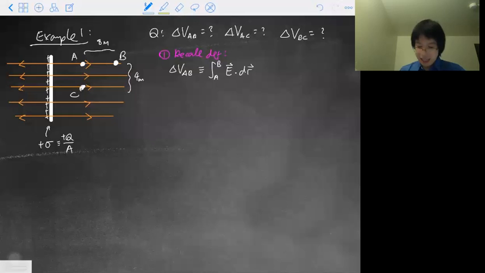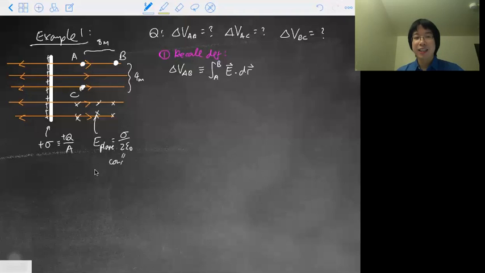Just a recall if you forgot: for a plane, the formula is sigma over 2 epsilon naught. Do you remember that? So for a plane, at any point, it doesn't depend on the distance away. So it's actually a constant. The whole thing is a constant. It makes things easier. You won't get something too difficult in the exam. So this is a good example.